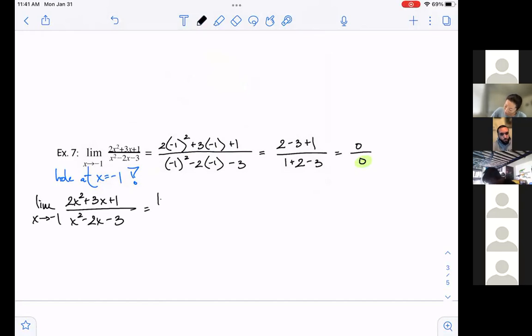I would say let's factor the denominator first, okay? I think that one is the one that we all feel is a little bit easier than the top. And so if we factor the bottom, we should end up with x minus 3 and x plus 1.